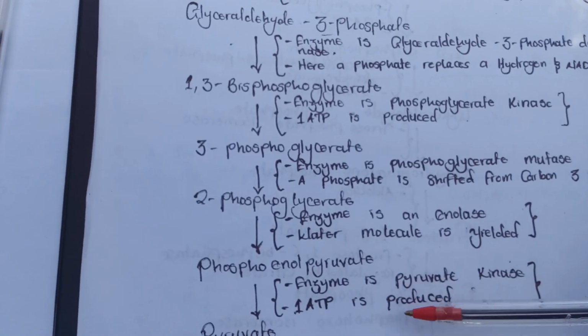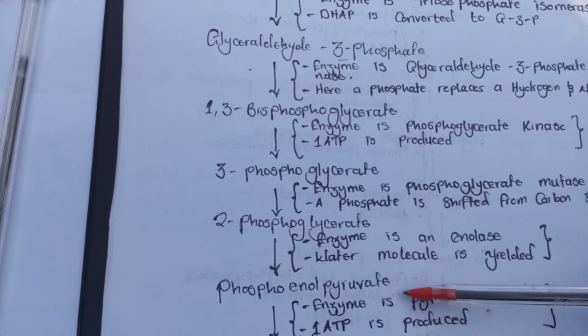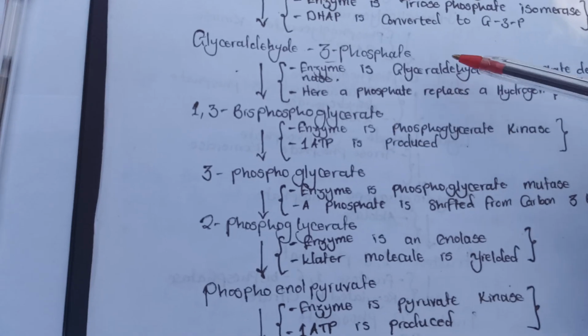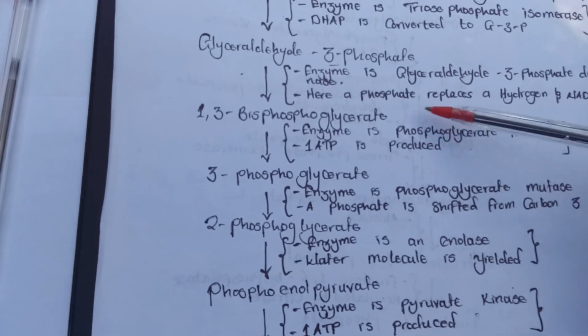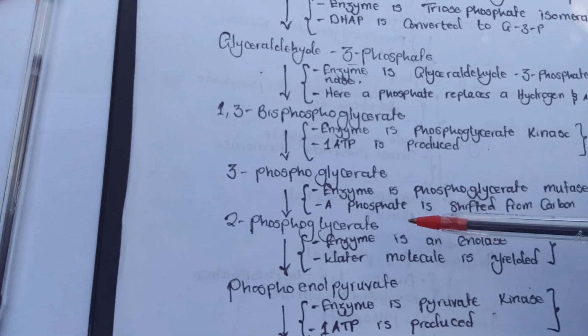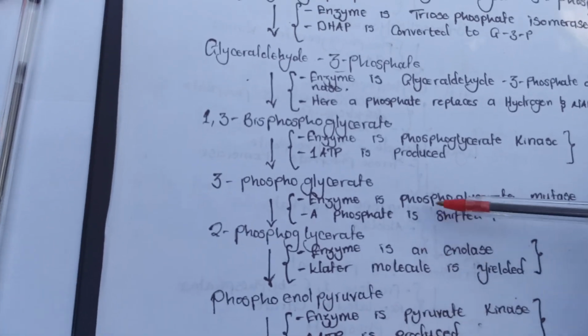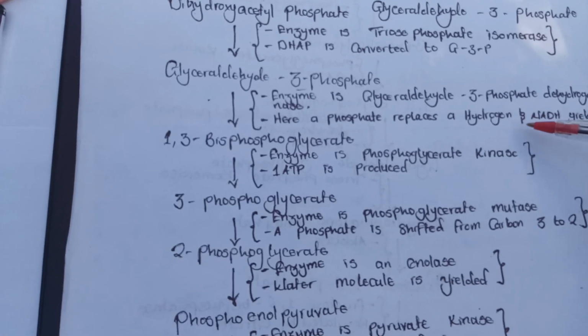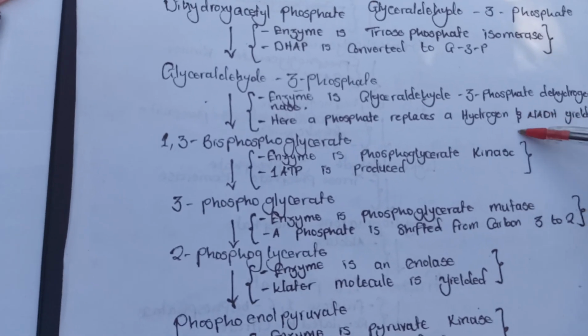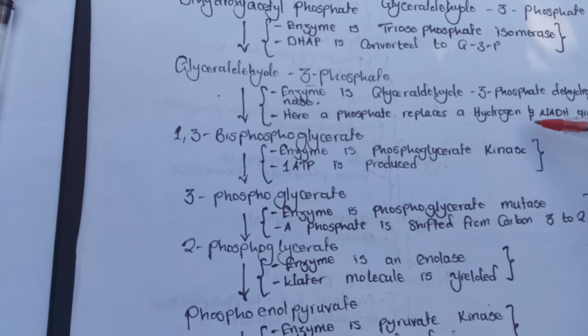So from the calculations, we produced 1 ATP here, but since we have two reactions occurring at the same time, that is 2 ATPs here, so altogether in the payoff phase 4 ATPs are yielded. Then somewhere here we produced an NADH, which is a proton carrier, so we expect that we produced 2 NADHs.